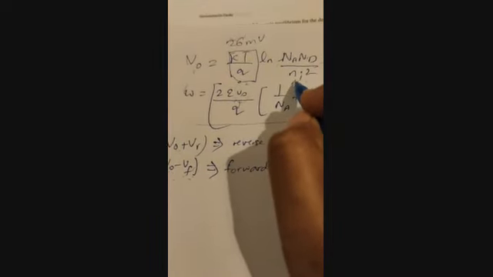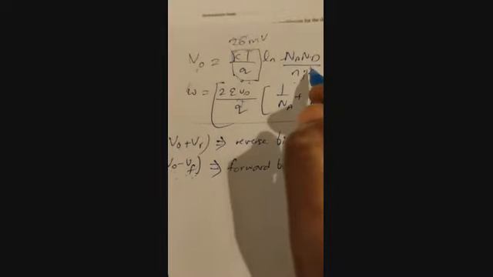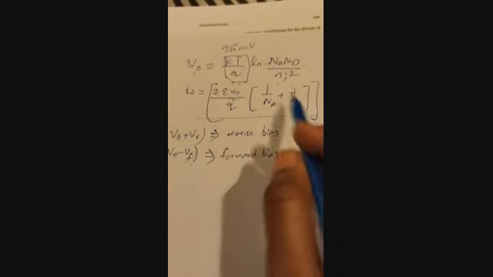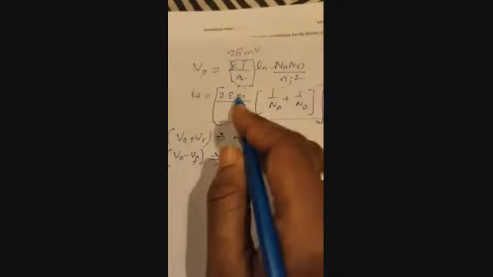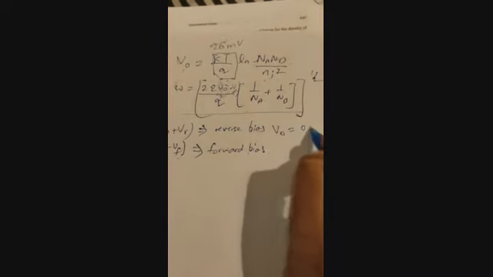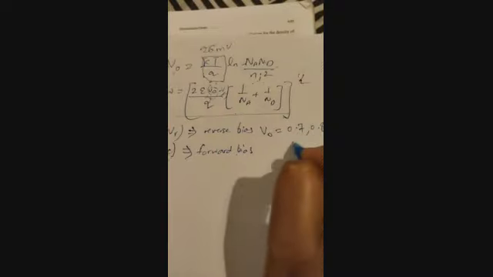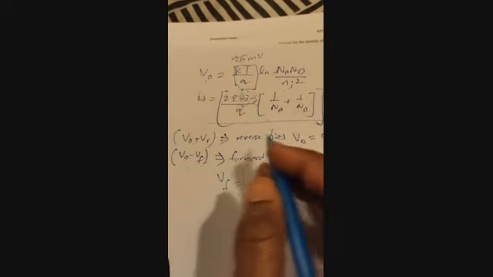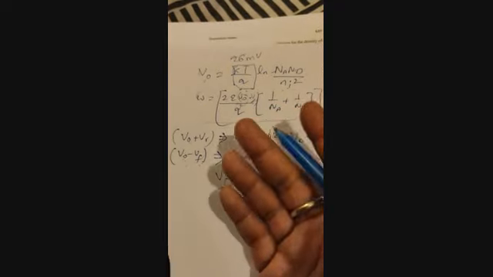So what will happen if I forward bias? This is the situation when I have applied no biasing. Suppose I have applied forward bias, then V naught will be changed to V naught minus Vf. What is the value of V naught? V naught is generally of the order of 0.7, 0.8, 0.69. And Vf is the voltage with which we forward bias the junction.